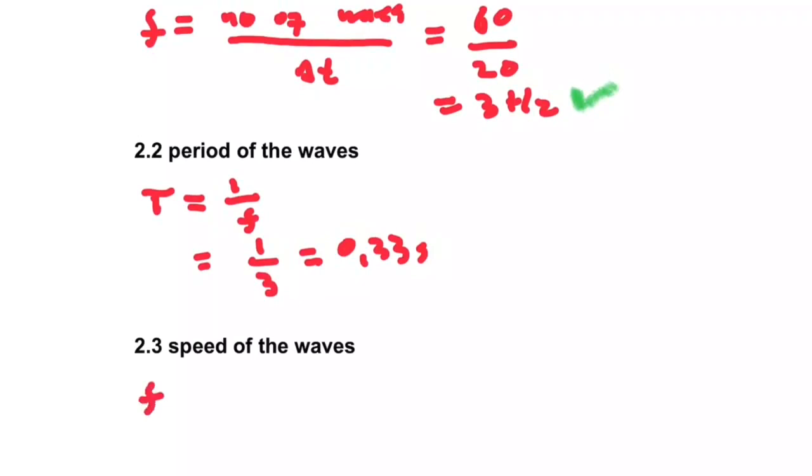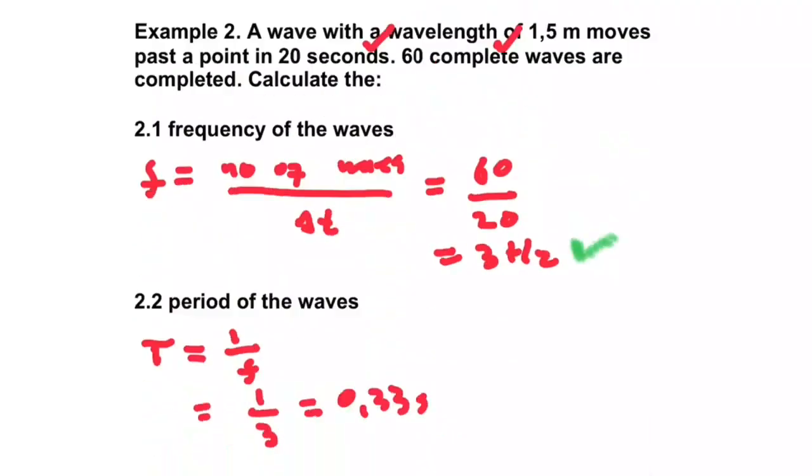And the last question, 2.3, we're supposed to determine the speed of the waves. We have the frequency, which is equal to 3 hertz. We also have the wavelength. It is 1.5 meters. We are interested in the speed of the waves. Well, with these 3 variables, we are just going to use the fact that the wave speed is equal to the frequency multiplied by the wavelength.